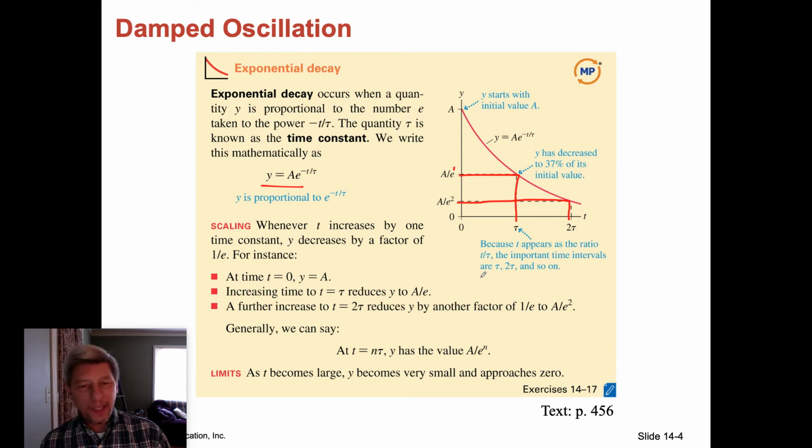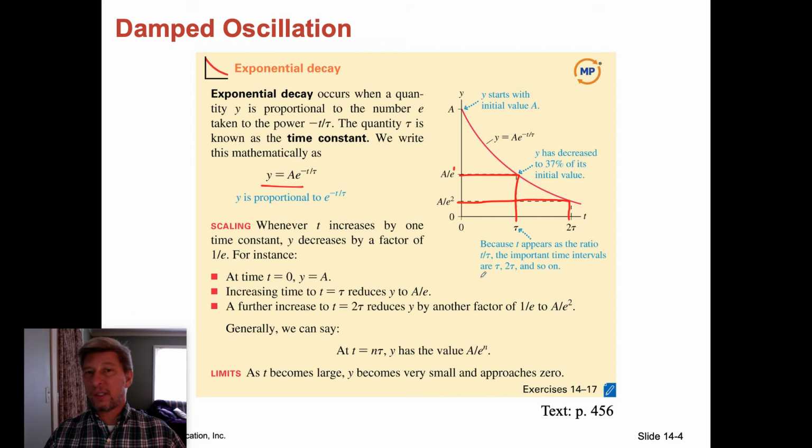So whenever t increases by 1 time constant, 1 tau in other words, y decreases by the value of 1 over e. So at time equals 0, the value of y equals a. But if we increase time to the value tau, then y decreases to a divided by e.